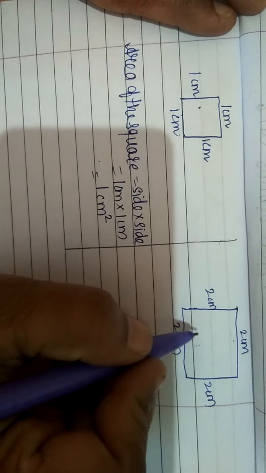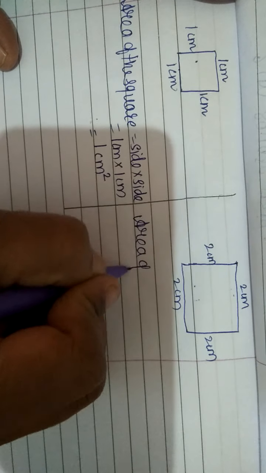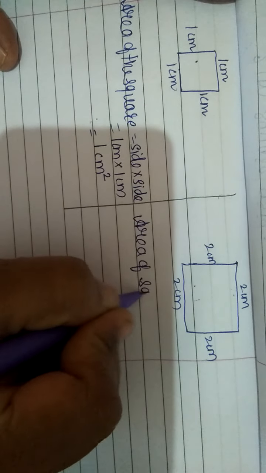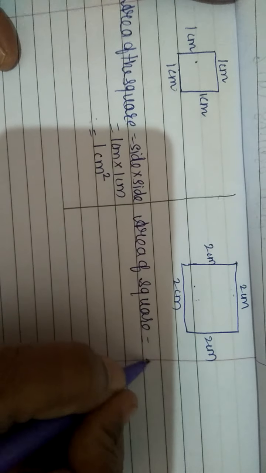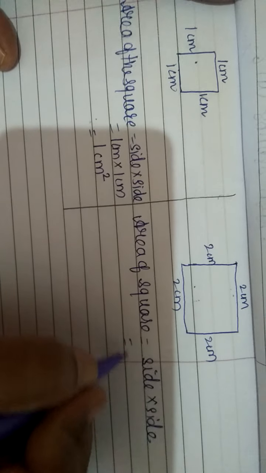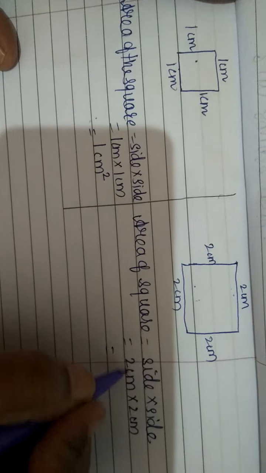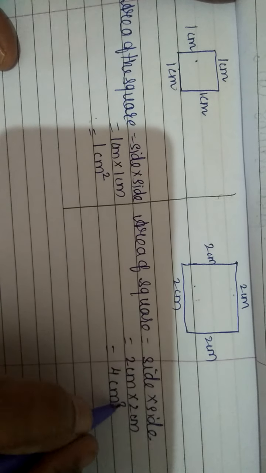Let's find out the area of this square now. Area of the square will again be side into side, and it will become 2 centimeter into 2 centimeter is equal to 4 centimeter square.